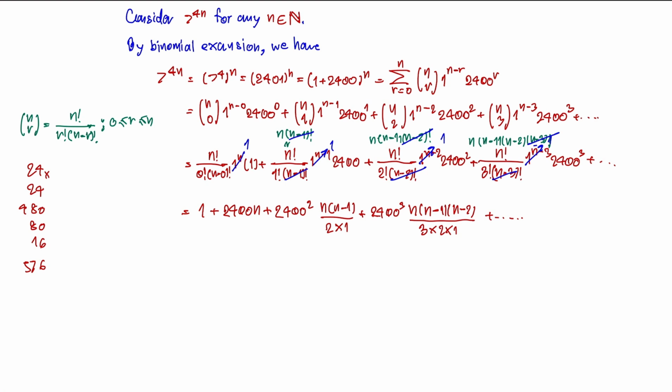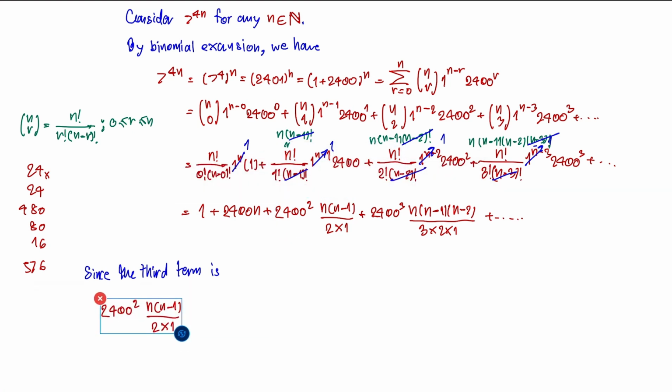Since we want to just look at the last 3 digits, we don't have to expand all this. This is the third term of the expansion, so we look at the third term. The third term of the expansion is this one.